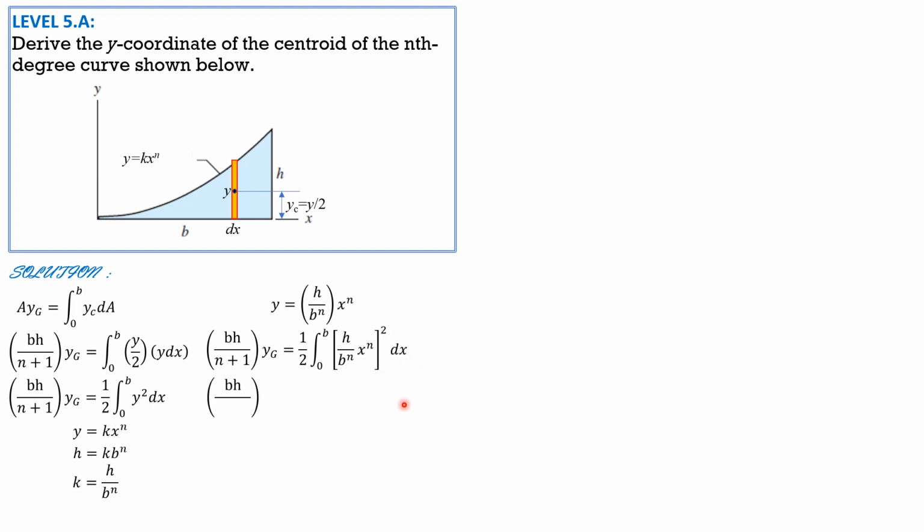So simplifying, bh over n plus 1 times y bar equals 1/2 h squared over b to the 2n, integral 0 to b of x to the 2n dx. Cancel out h, so we have h left here. So 1 over n plus 1 times y bar equals h over 2b to the 2n plus 1.